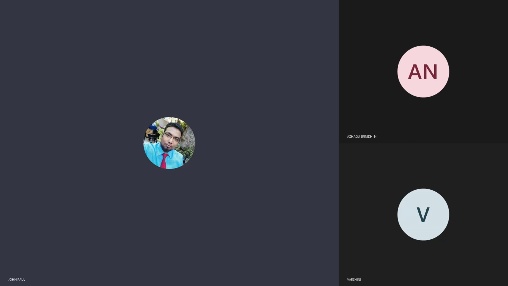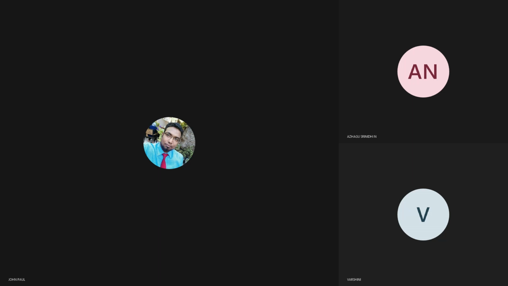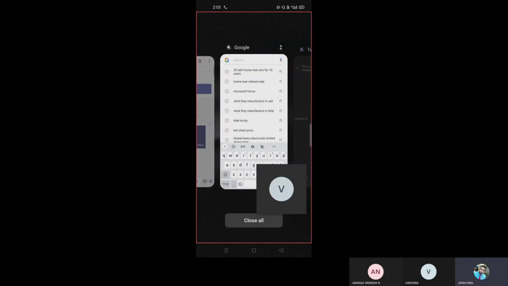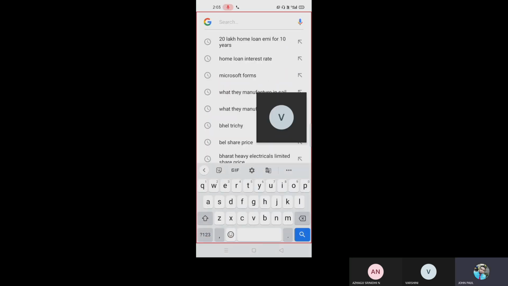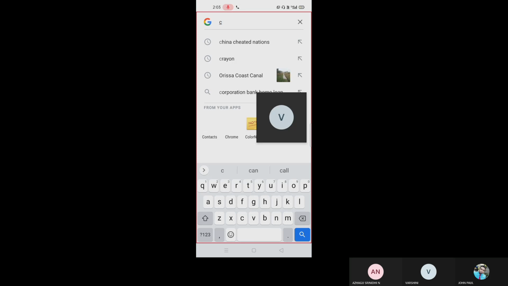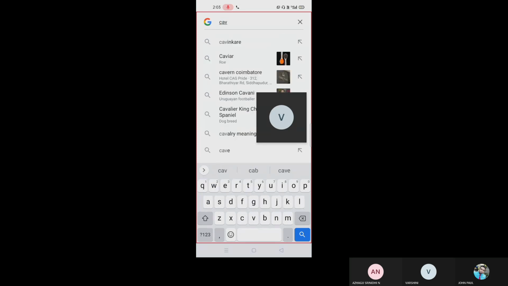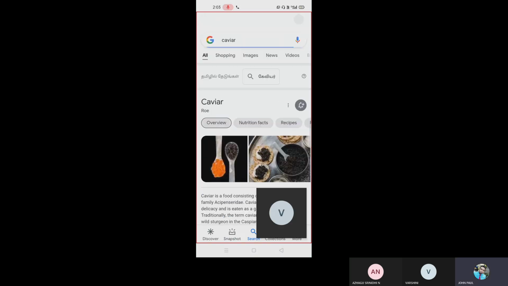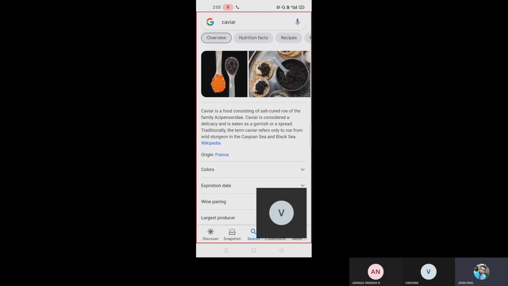So let me share one example. This is caviar, okay? Do you know the cost of this egg?